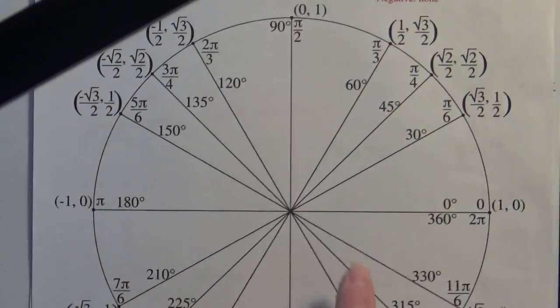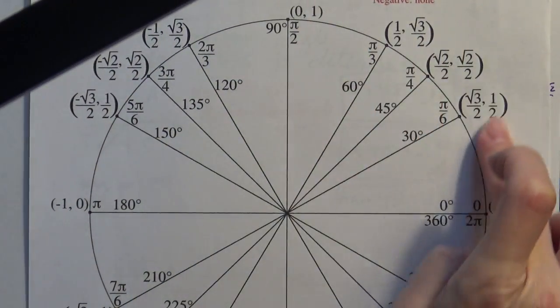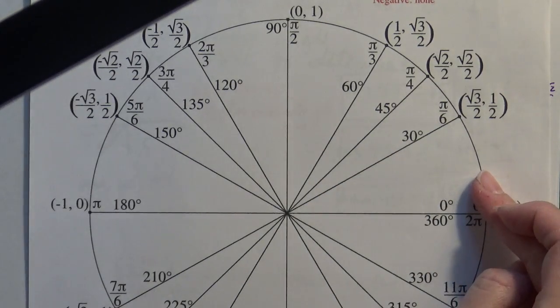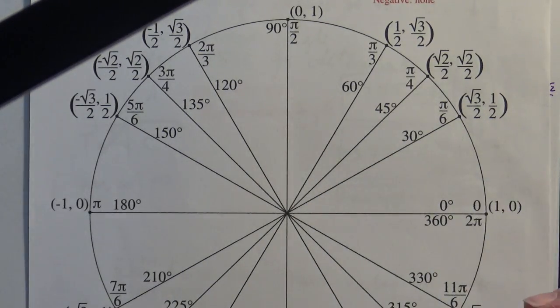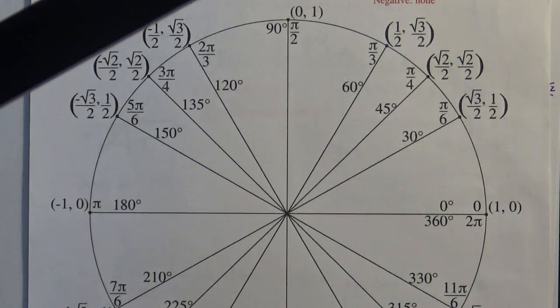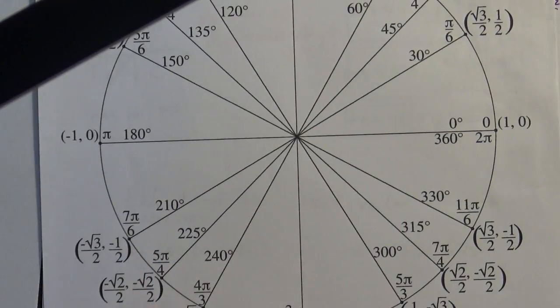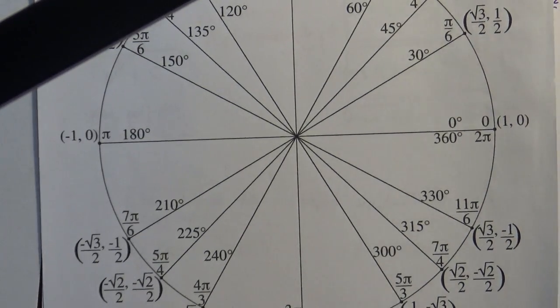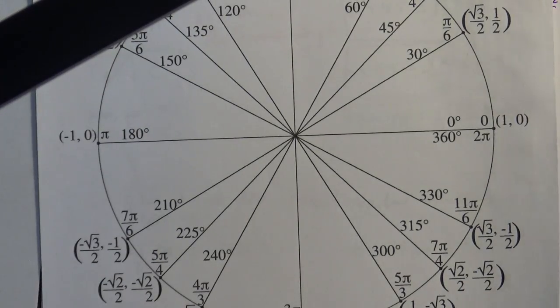If you only memorize the first quadrant, you'll be able to get everything else using your reference angles and your all silver teacups, because it'll just fill in the rest of the chart. So if you enjoy memorizing and you prefer to memorize the whole unit circle, then go for it, and then you can just pick the values right off wherever you need to. But the reference angles and the all silver teacups will cut down on the amount of memorization that's required.